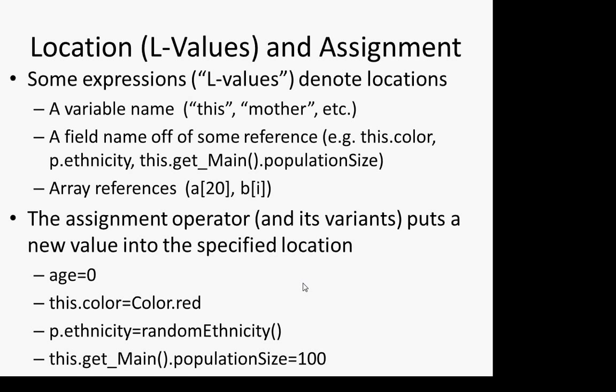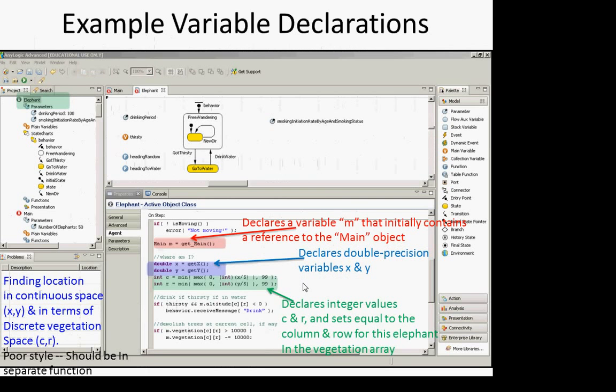Okay, so I realized I haven't gotten to one point yet, that I'm going to introduce in just a minute. But these things here are called local variables. This is just a name for a location, and it's not my m actually. It's just some m that's temporarily named in this code here. So if I refer to c or to r, there's no this.c or this.r. It's just the c that's used in this code here.